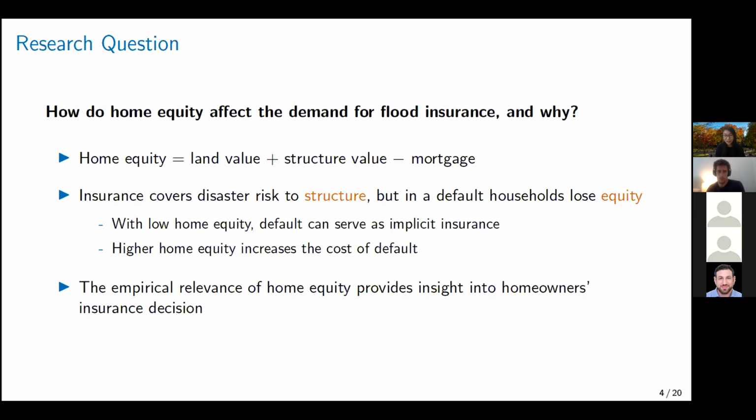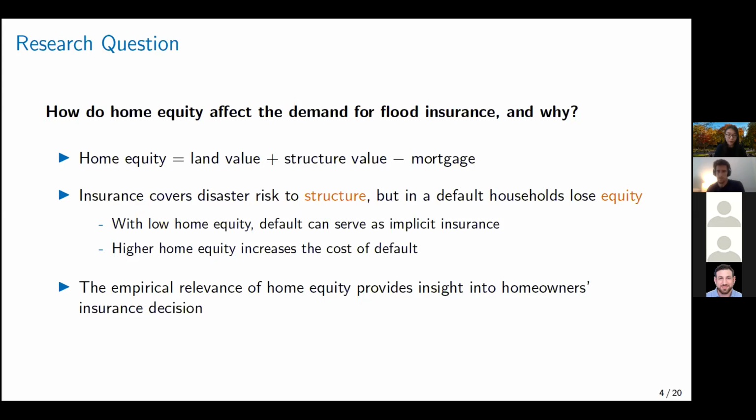However, as I have mentioned before, because flooding can increase default, and in a default, the household actually loses the home equity, this connects home equity to flood insurance demand.